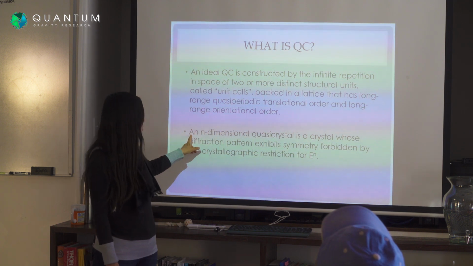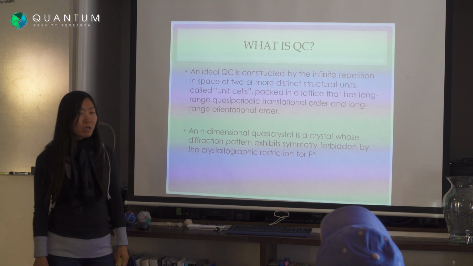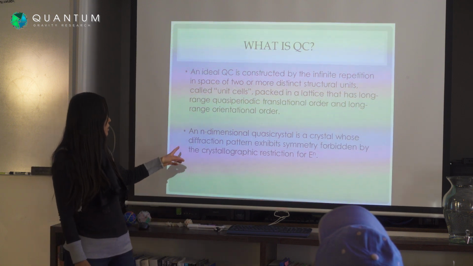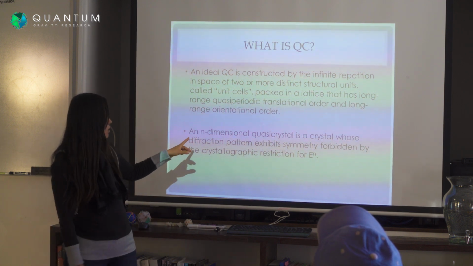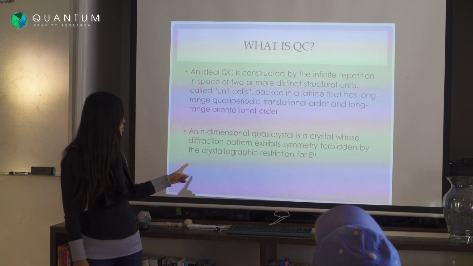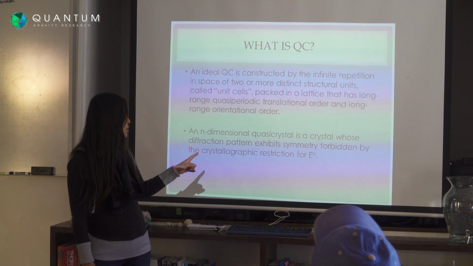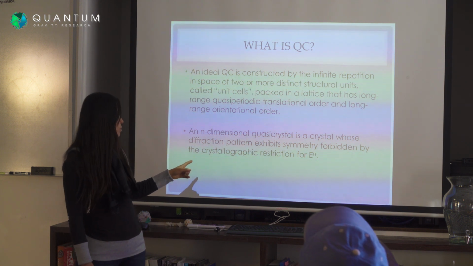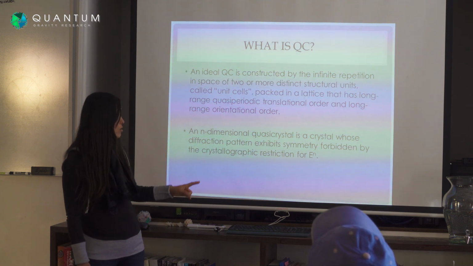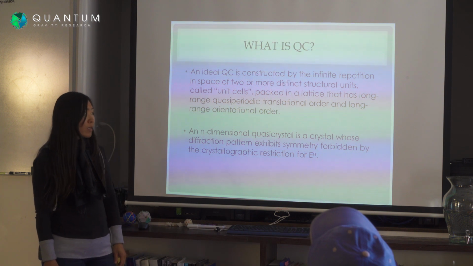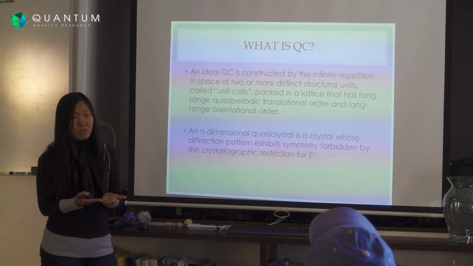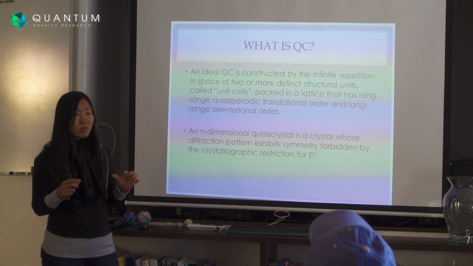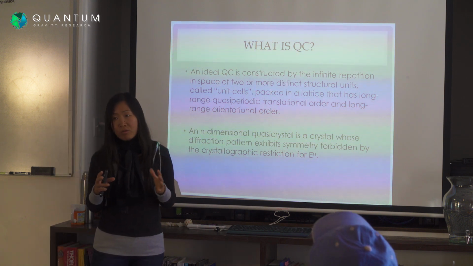Okay, so this is another definition I got from Senechal's book. It says an n-dimensional quasicrystal is a crystal whose diffraction pattern exhibits symmetry forbidden by the crystallographic restriction for E^n. So in two-dimensional space, for example, there is no crystal with 5-fold symmetry.